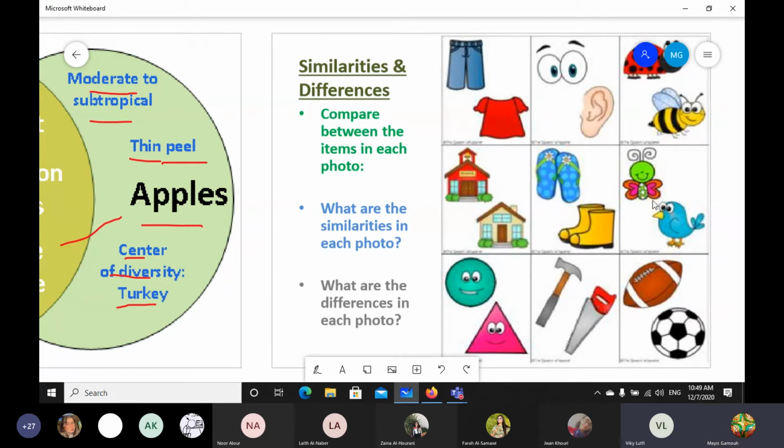You are talking about one photo, the bird and the butterfly. Why did you go to the other one? I just want you to pick one photo and talk about the similarities and differences between the two items in it.